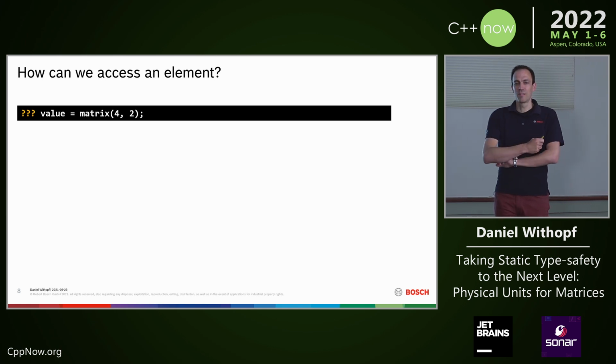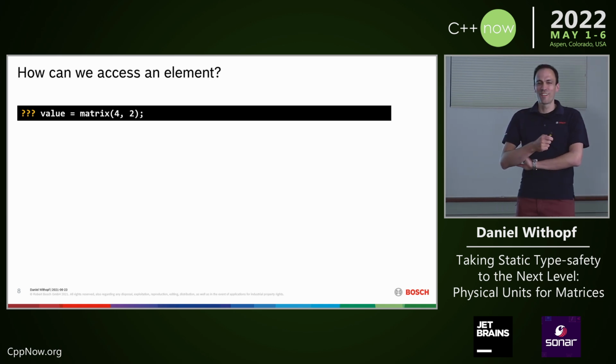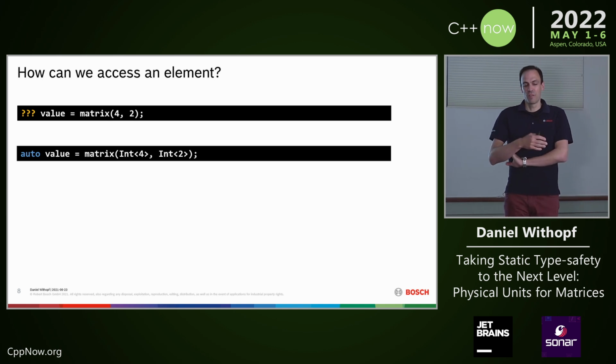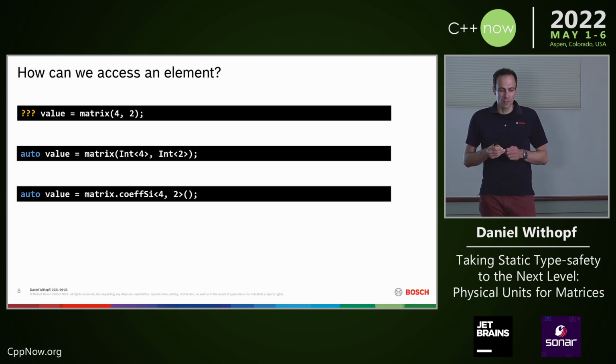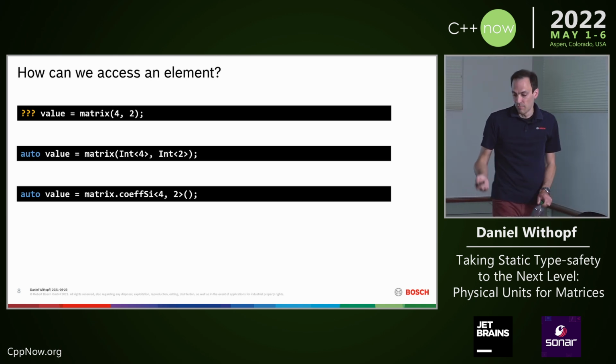So we could return a variant, but again, just because we have that type doesn't mean it's a good idea to do that. What we can do here is something like this. We have a compile time data type in which you can store the indices, or you have a named method like this here, coefficient si, that gets a non-type template argument, and you specify the 2 integer indices.